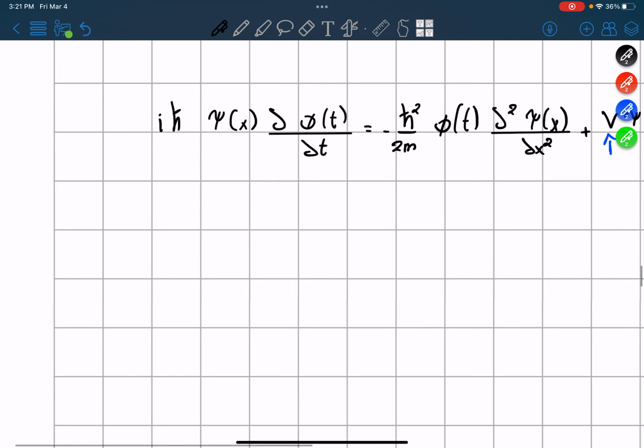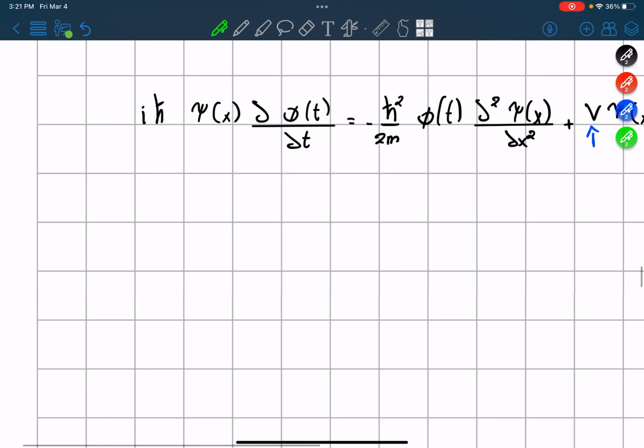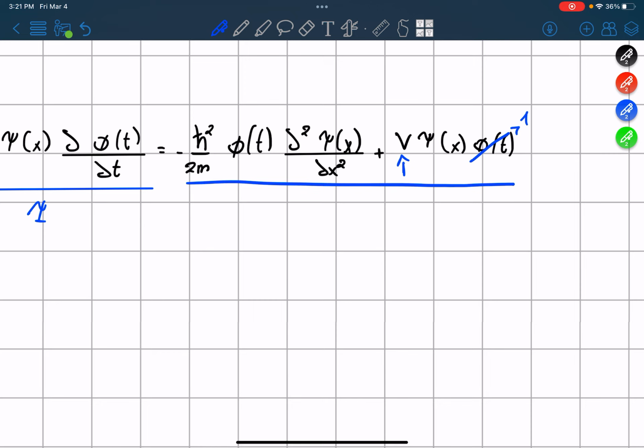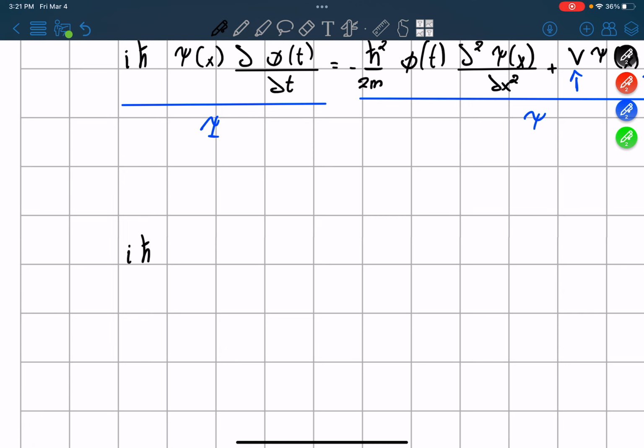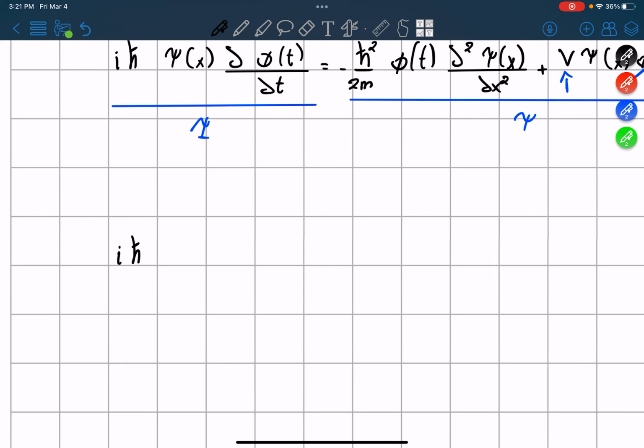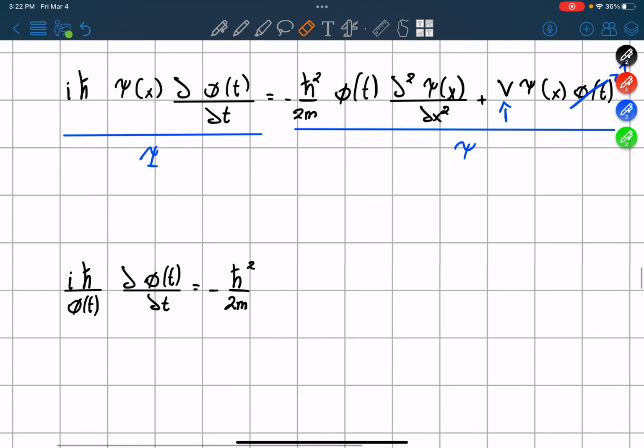Okay, and now we can divide both sides by our capital Psi. So we get i h bar times, well, we get rid of our little psi, and we get 1 over phi of t, the derivative of phi in terms of t, is equal to negative h bar squared over 2m, and then we divide by capital Psi over here.